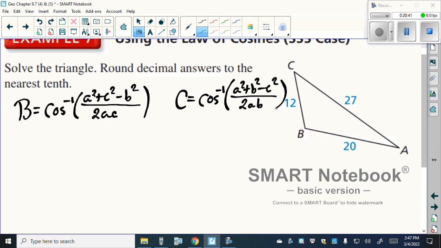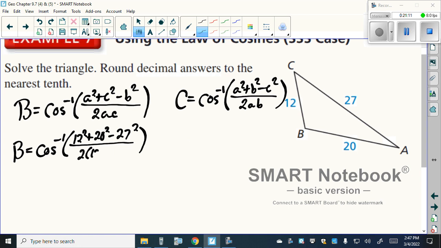Well, now we just need to plug the values in and type it into the calculator. So for B is going to equal cosine inverse of, well, our value of side length A in this case is 12. So we'd have 12 squared. Now C is our 20 squared minus 27 squared over 2 times 12 times 20.